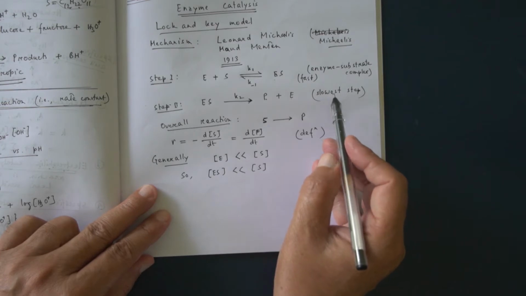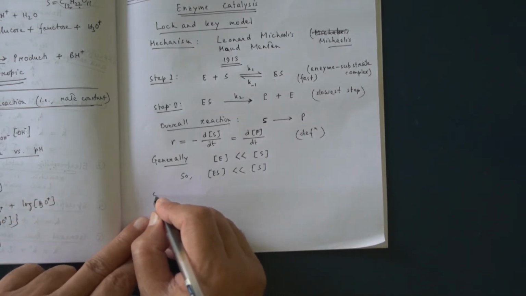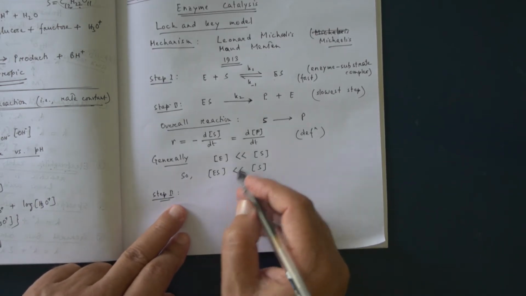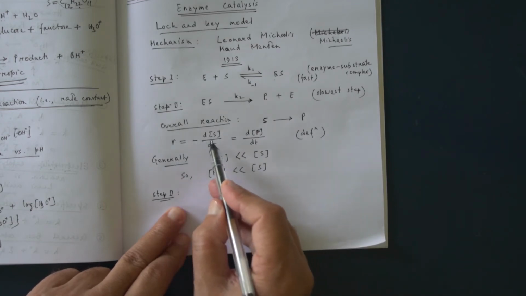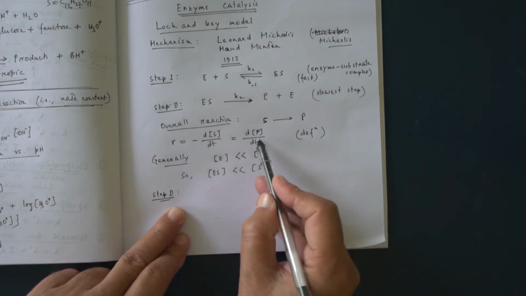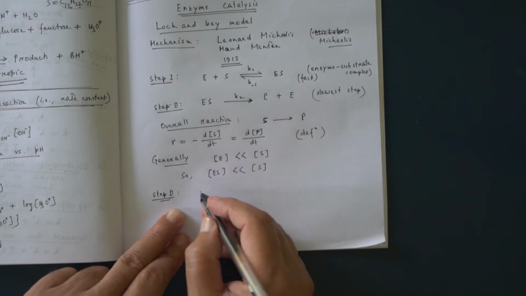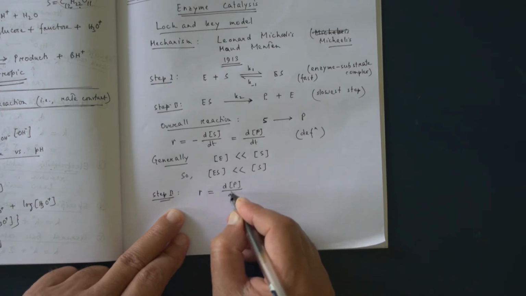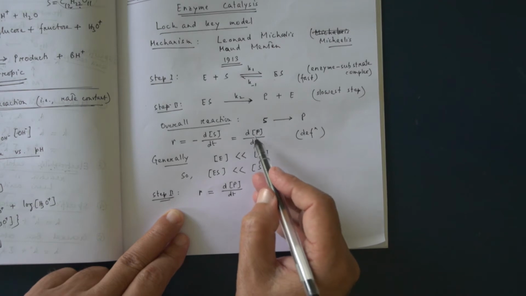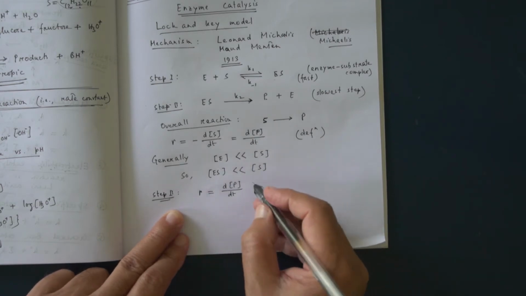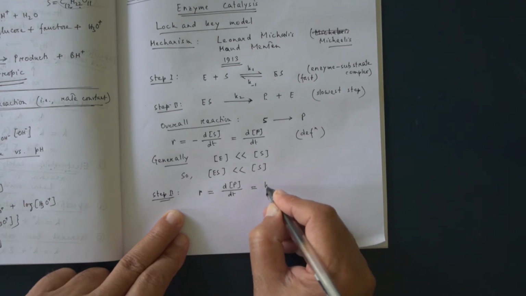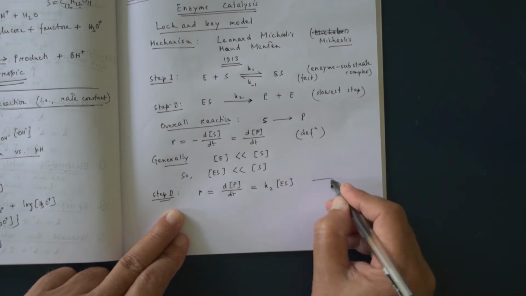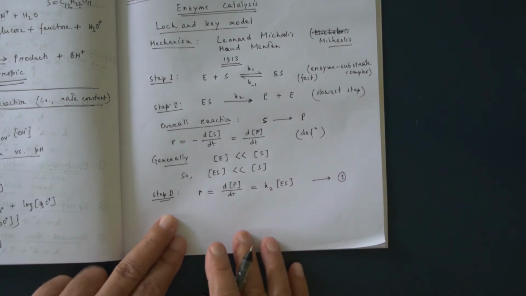So from step 2 what can we write? The rate of reaction r equals dP by dt, and that must be equal to k2 times the concentration of ES. So this is equation number 1.